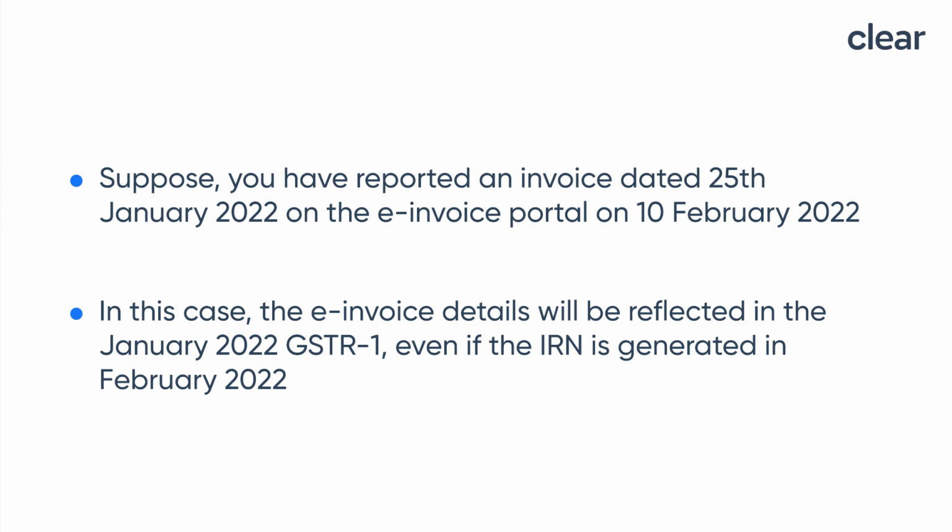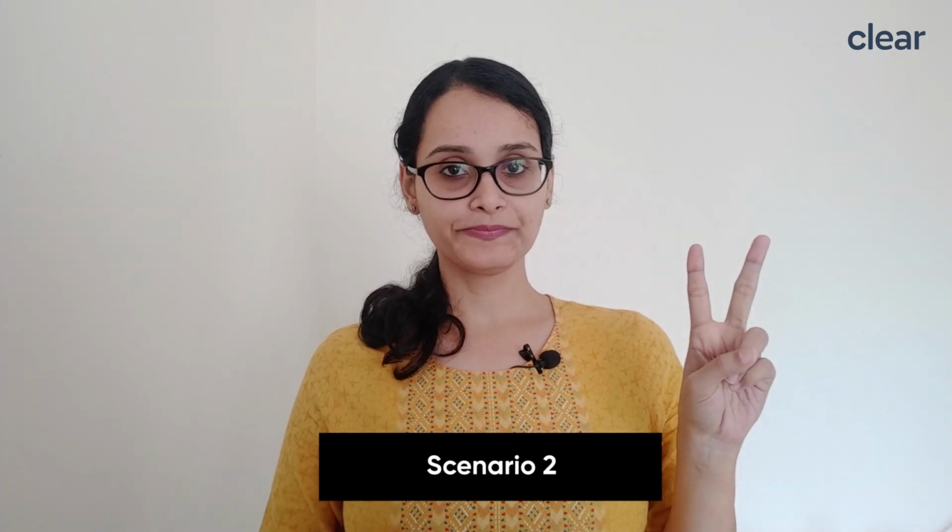Scenario 2. If you report an invoice, debit note or credit note on the IRP after filing GSTR-1 for that period, then e-invoice will not be auto-populated in any subsequent GSTR-1 returns. However, you can still download the Excel file containing the e-invoice details from the GSTR-1 dashboard.